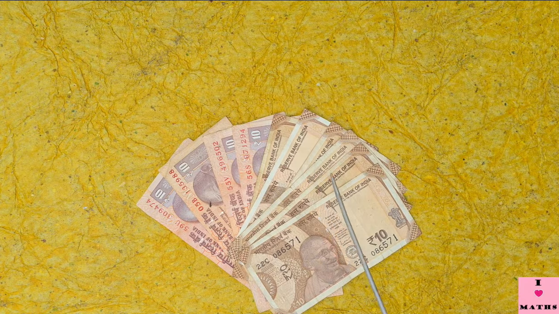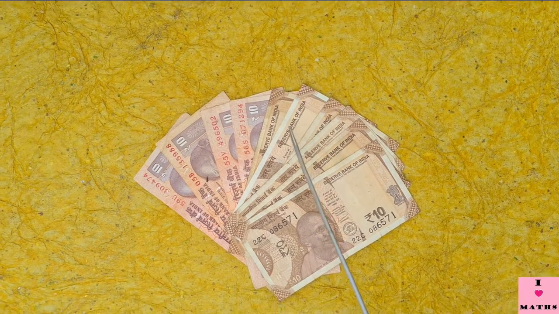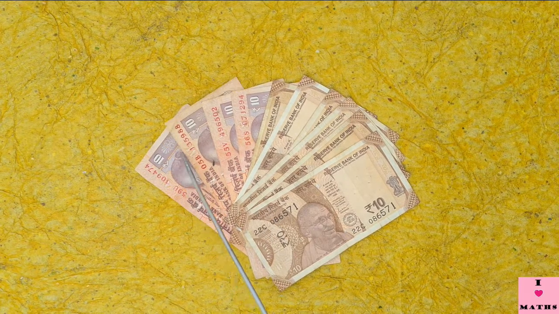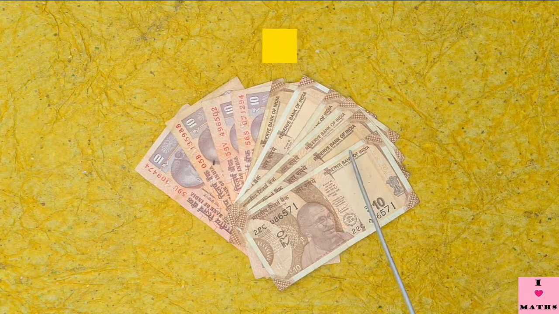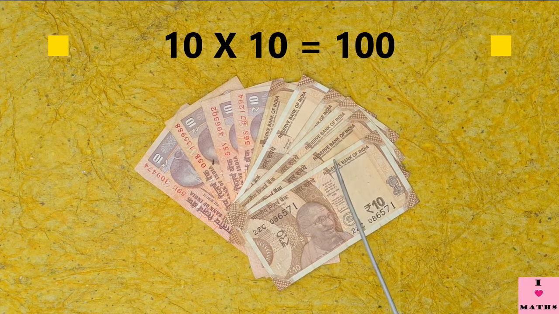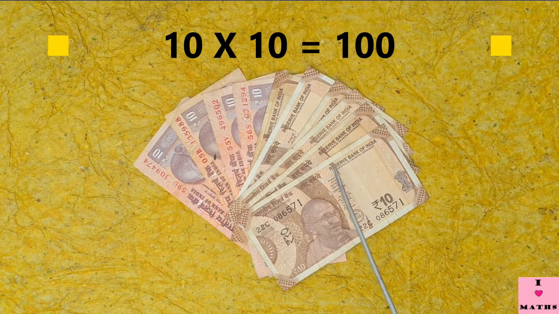Okay, let us see how many notes there are. 1, 2, 3, 4, 5, 6, 7, 8, 9, 10. So children, 10 notes of 10 rupees make 100 rupees. And I'm sure at some point you must have heard people saying, can you give me the change of a 100 rupee note?